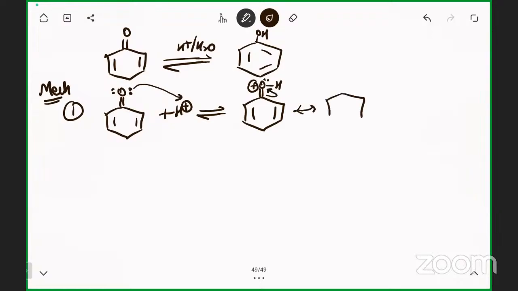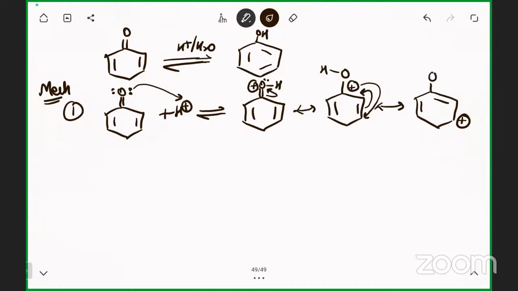The compound formed will be O with H, the positive charge will be on the carbon, and this compound is formed. Now one more resonating structure: positive charge will migrate to the other position, from here to here, double bond from here to here. The compound formed will be this one.